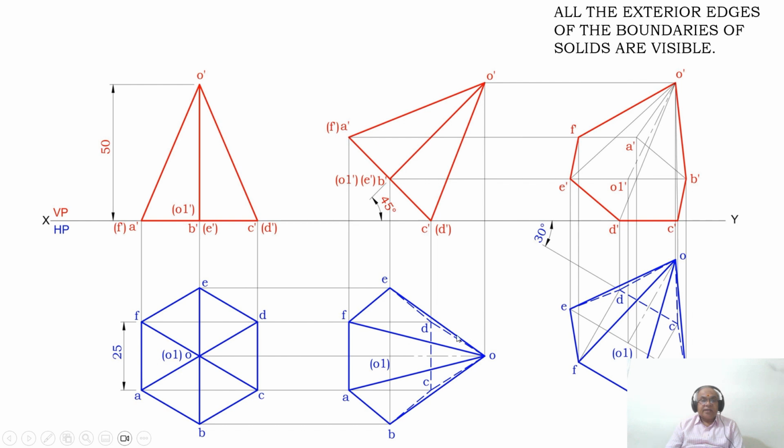Therefore, rewrite the second position top view by rotating it at an angle of 30 degrees to the VP. To do that, consider any point. From there, you draw a horizontal line. With reference to that point, with respect to the horizontal, you measure an angle of 30 degrees and draw an inclined line.